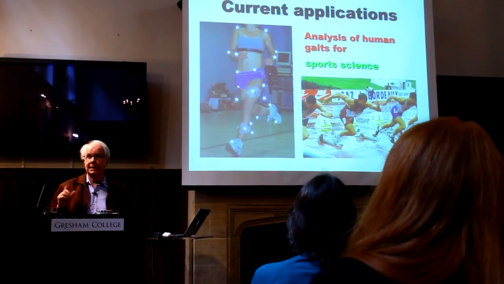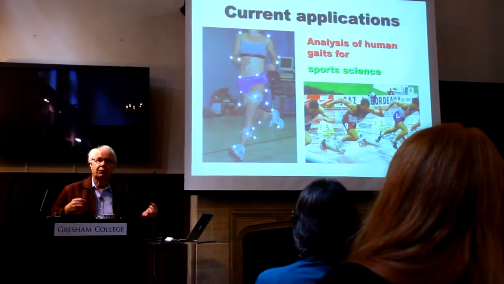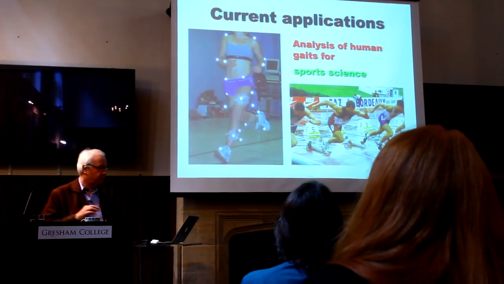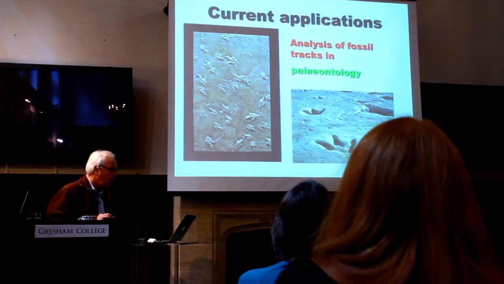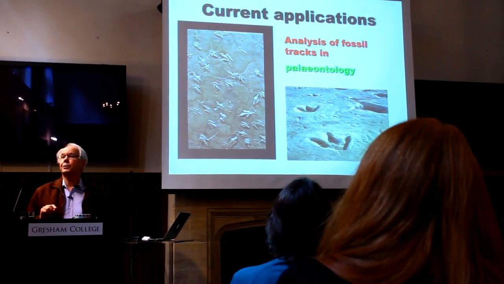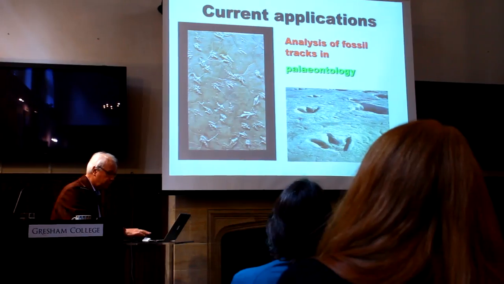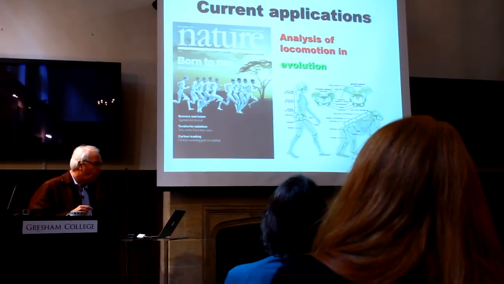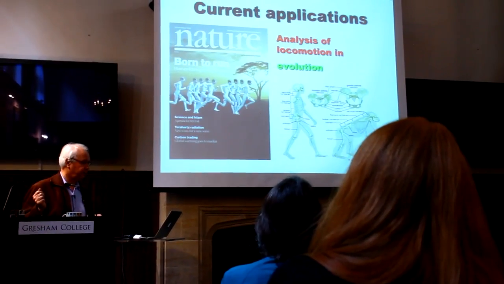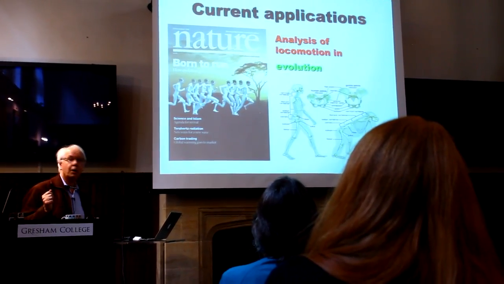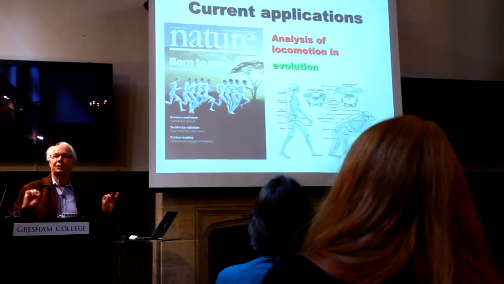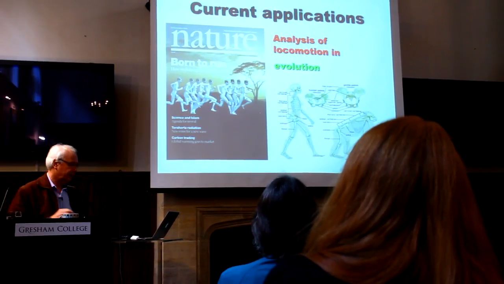There's a lot of analysis, and training is aimed at specific things that sports scientists have understood about how to run fast. Or you can use it to analyse dinosaur tracks and understand how the dinosaurs move. Or you can use it to look at human evolution. Nice picture from Nature not too long ago, suggesting that running was a major factor in the way the human body has evolved.